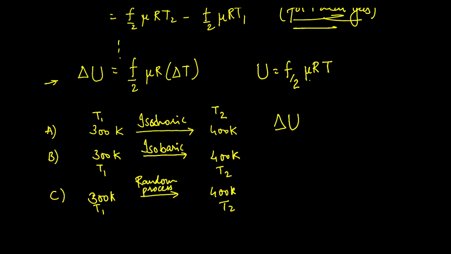Suppose in your system you have some ideal gas, so its mu will not change. R is a constant, f is a constant, 2 is a constant. So U only depends on temperature. Did you get it? U only depends on temperature. So that would mean delta U only depends on delta T. Do you understand this? Delta U only depends on delta T.